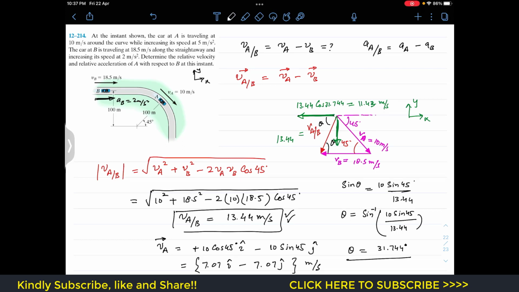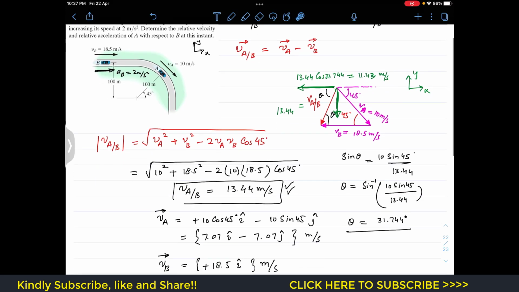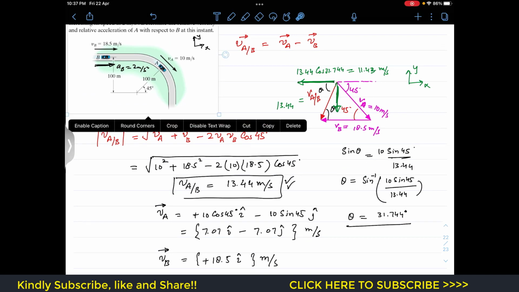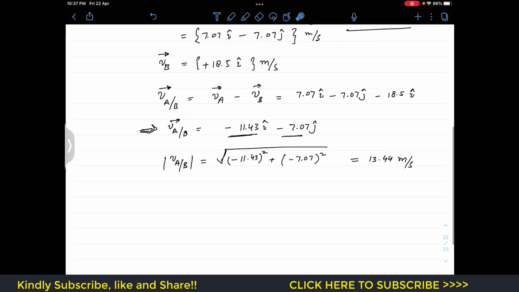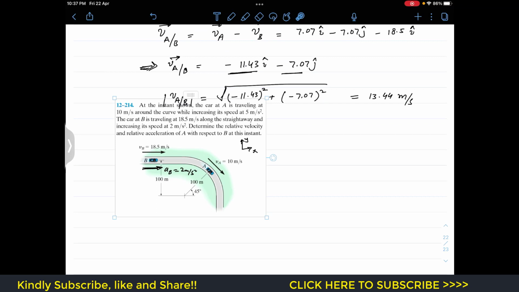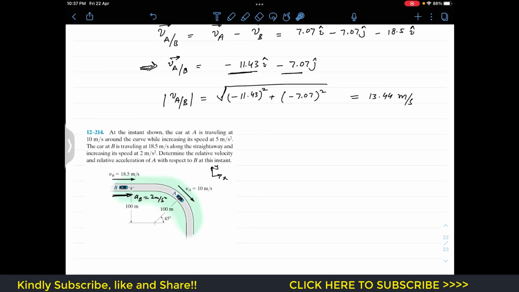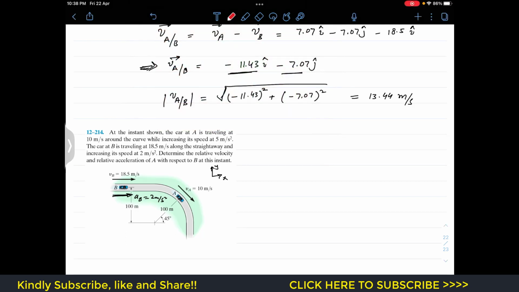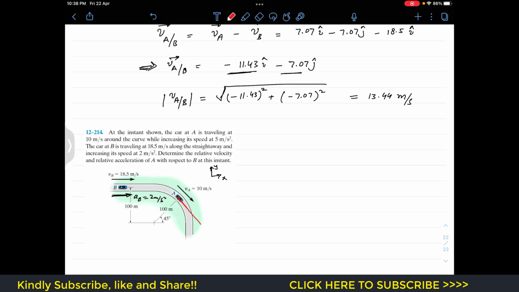Now the speed of A is increasing at 5 meter per second square, and this acceleration is tangent to the path. If I represent it, let me copy this figure first. We can show that the acceleration of this car A is going to act tangent to the curve, just like the velocity.